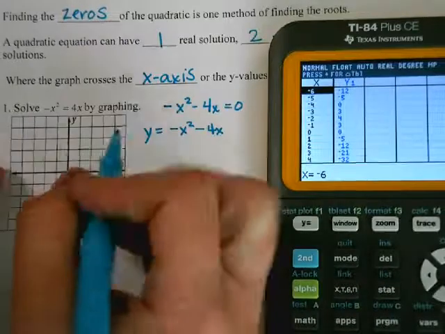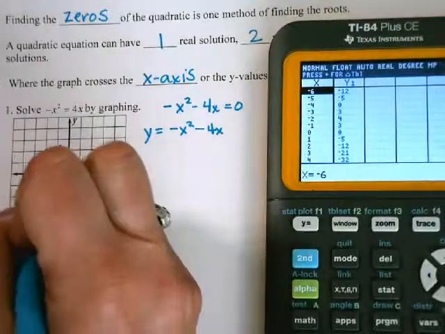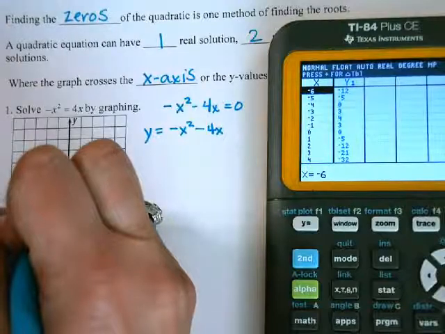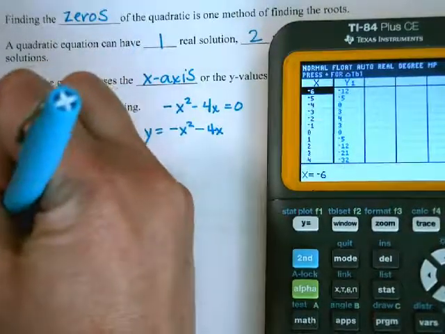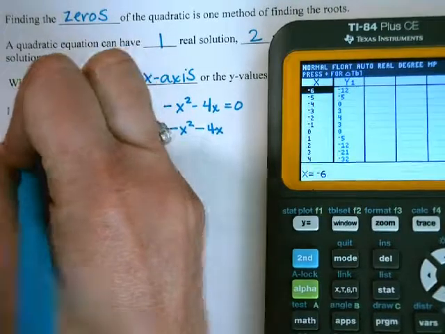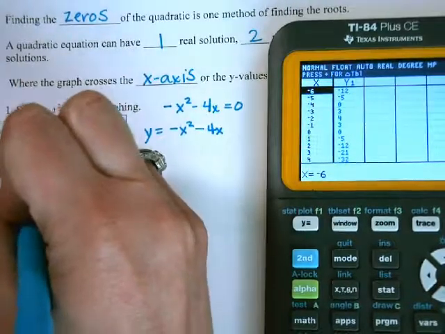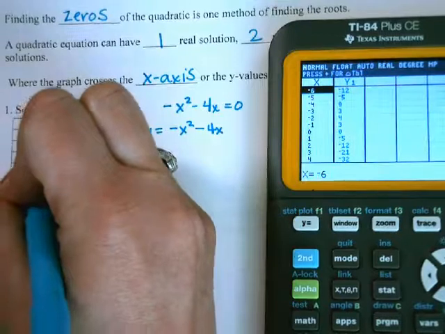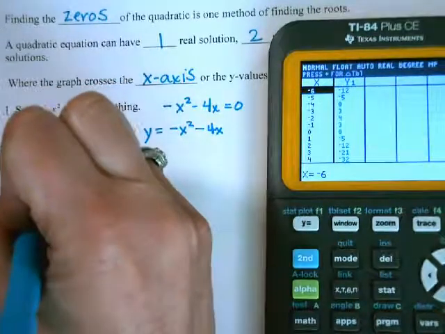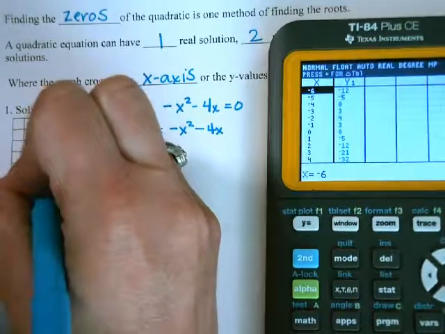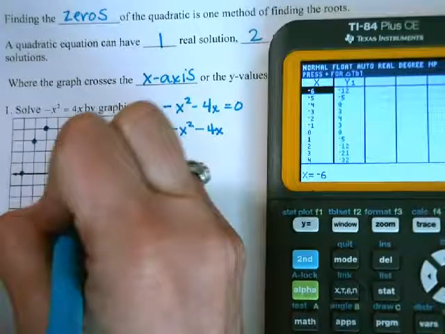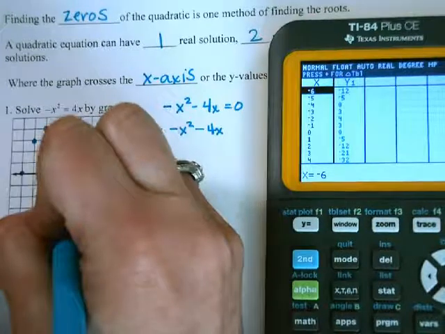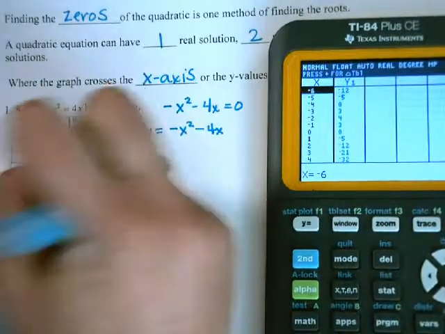All right, let's graph it first. At negative 4, I'm at 0. Negative 5, I'm at negative 5. Negative 3, I'm at positive 3. Negative 2, I'm at 4. Negative 1, I'm at 3. 0, I'm at 0. And positive 1, I'm at negative 5.